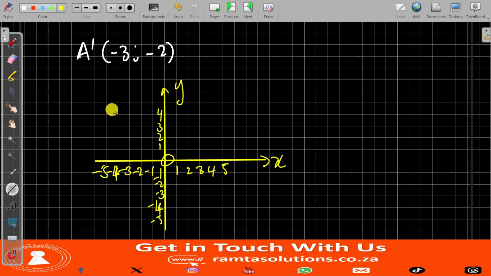If y is 4, x will be negative 4. Now let's go. We will start here and then pass by the origin, just like that. Okay, perfect. So we say this is y equals negative x.